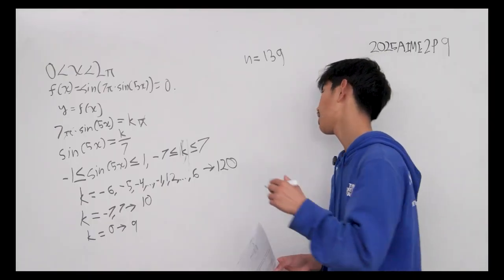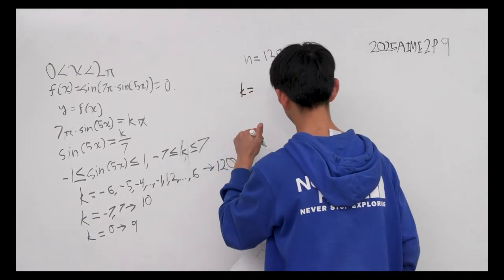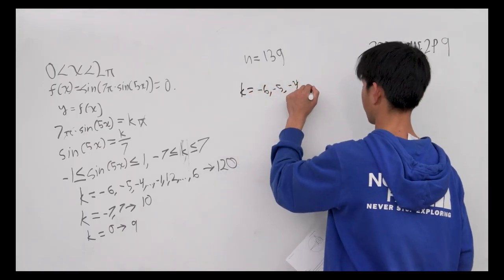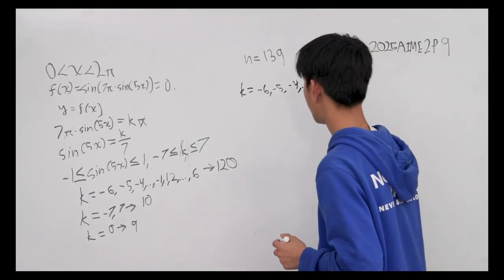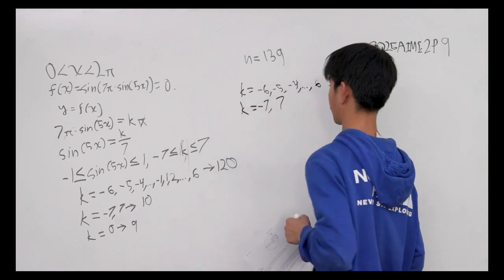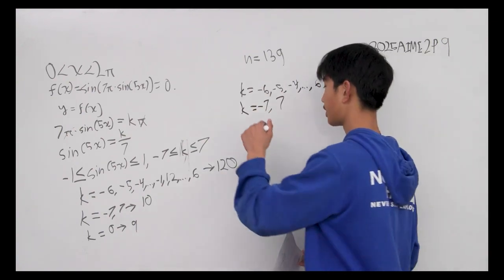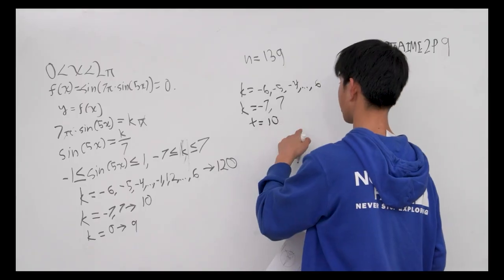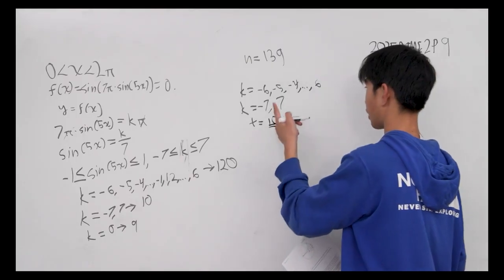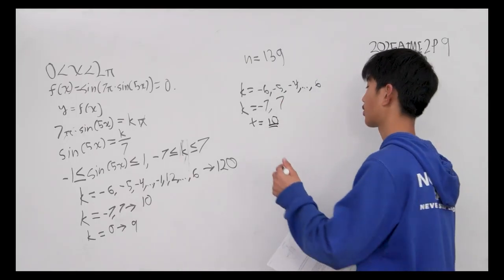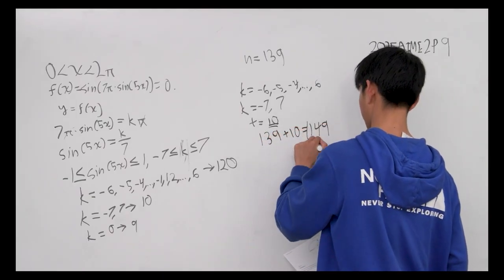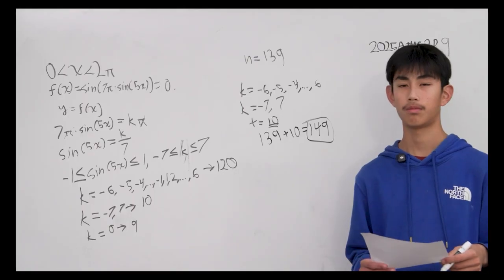And these values have k is negative 6 to positive 6. And then we also have negative 7 and 7. So this is 2 off. Therefore t is 10. There's 2 off of these. So if we have 10 in our t and our n, we can simply sum for our answer, which is 139 plus 10, which is 149, and is our answer for this problem.